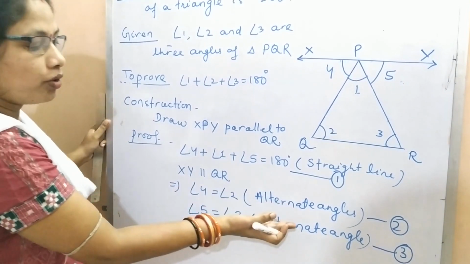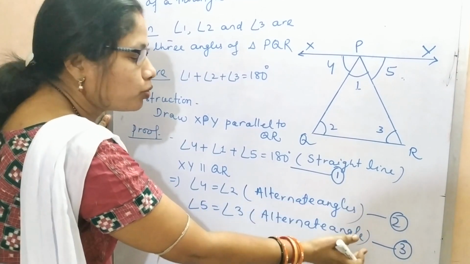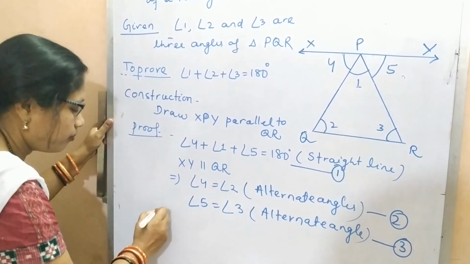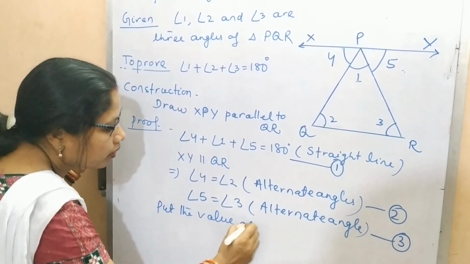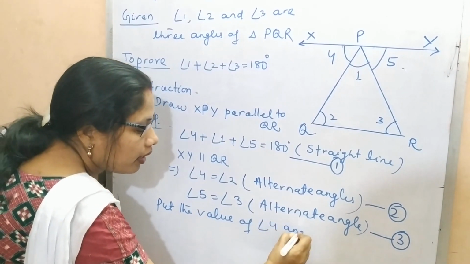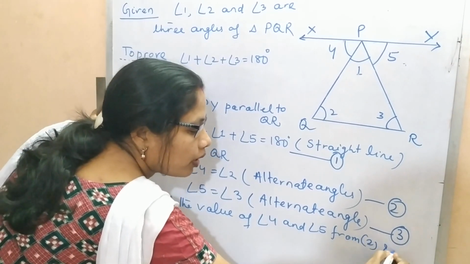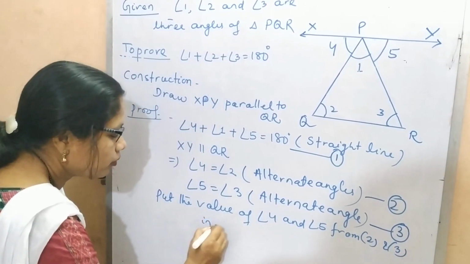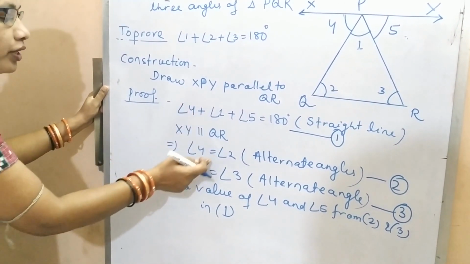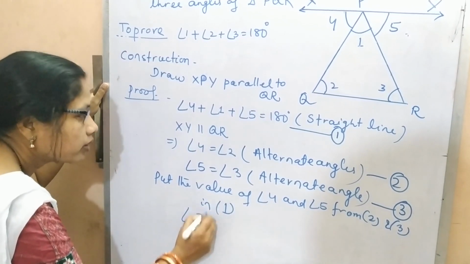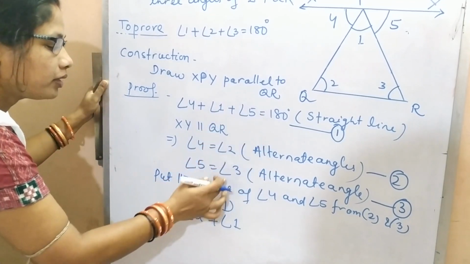So put the value of angle 4 and angle 5 from equations 2 and 3 in equation 1. We get, in place of angle 4 you write angle 2, then angle 1, then in place of angle 5 you write angle 3.